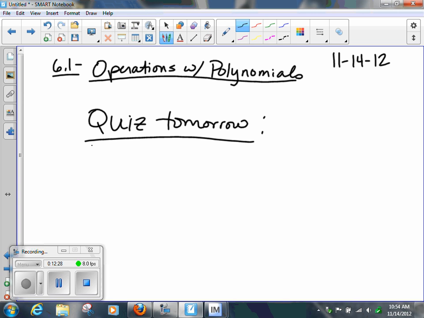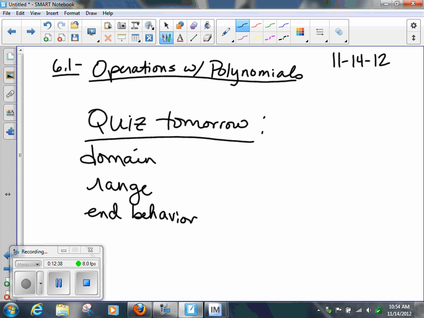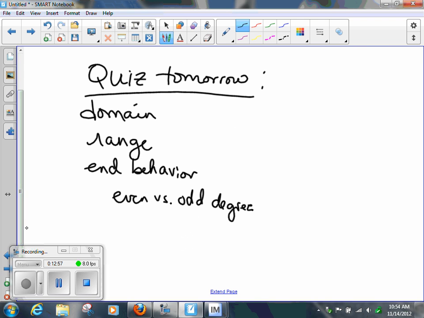Quiz tomorrow will be domain, range, end behavior, even versus odd degree. Remember those fancy examples that I printed off for you? I would definitely look over those. Even versus odd degree, what else? Domain, range, and behavior. Increasing and decreasing intervals.